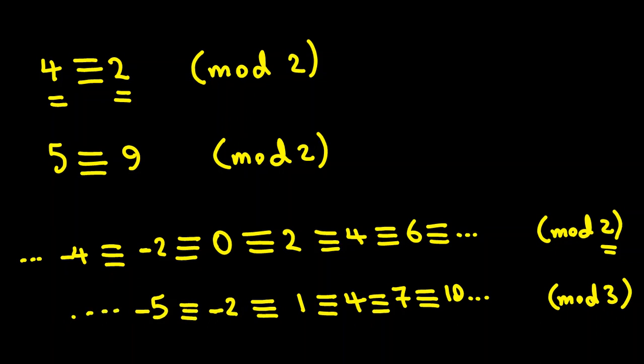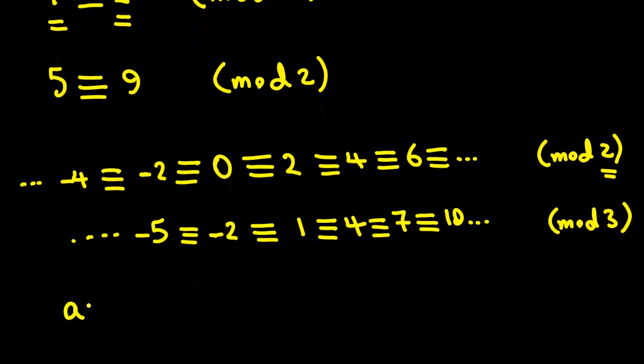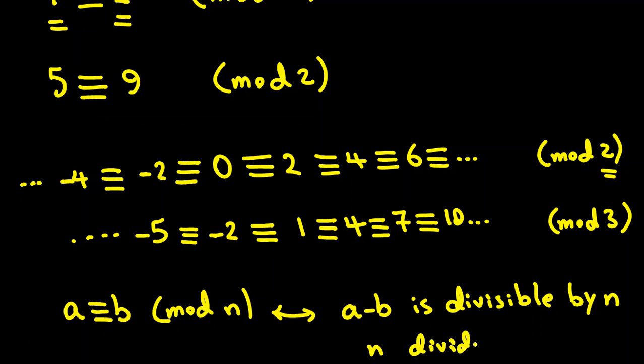In other words, if A is congruent to B mod n, it is equivalent to say that n divides A minus B, or A minus B is divisible by n, or n divides their difference.